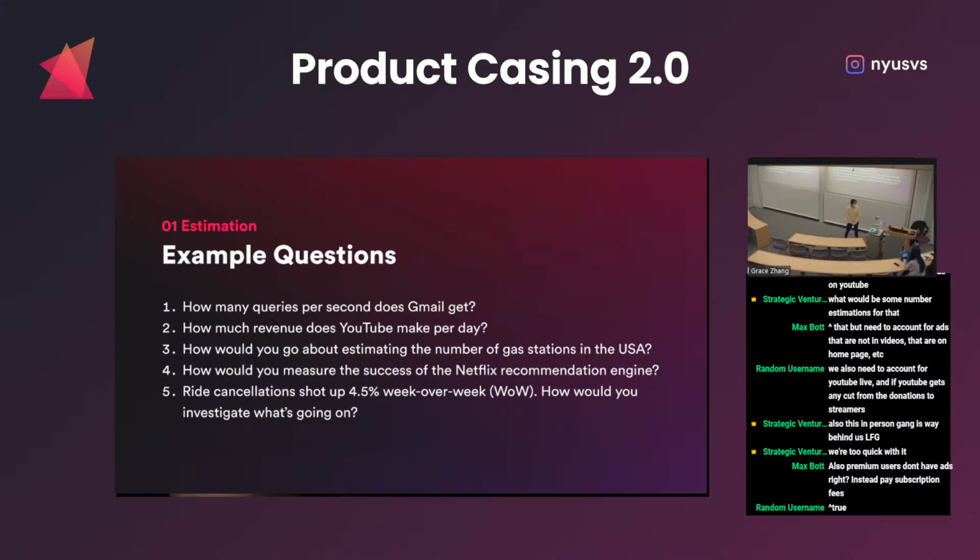From there, I'm going to estimate the number of videos shown on YouTube per day. The population of the US is 300 million, but not everyone is watching YouTube every day.